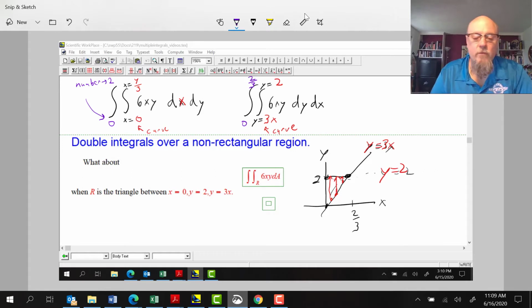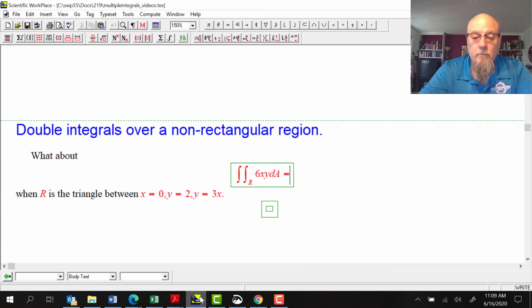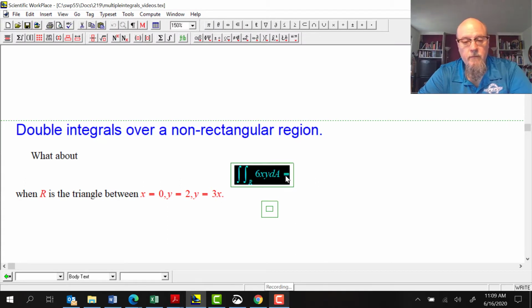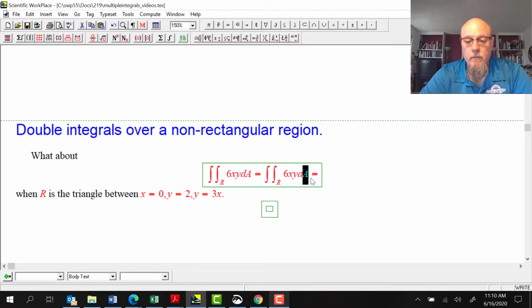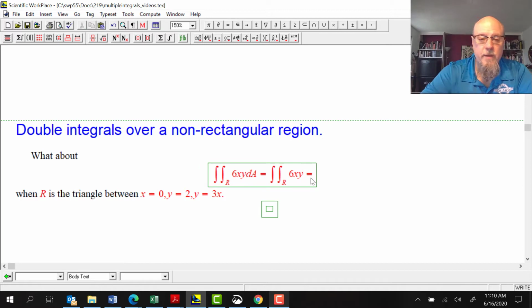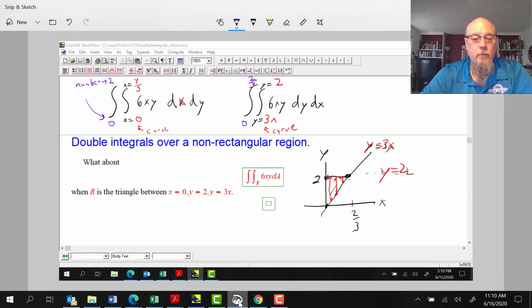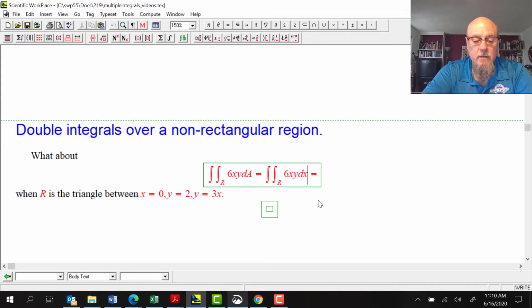Now, why would I pick one over the other? Sometimes one integration is easier, but right now these are equally straightforward. Let's mechanically bang these out then. Our first choice was we did dx and then dy.